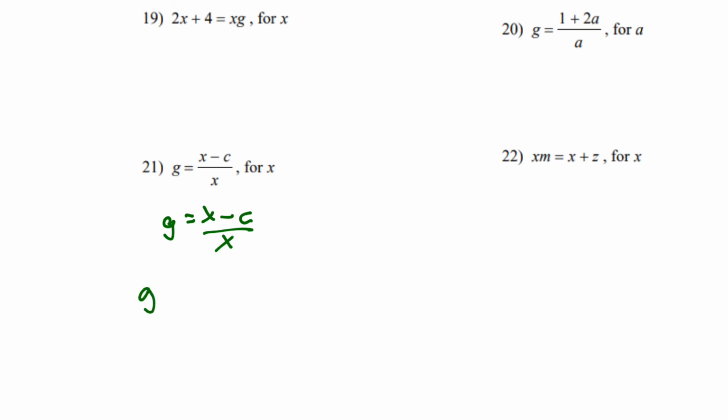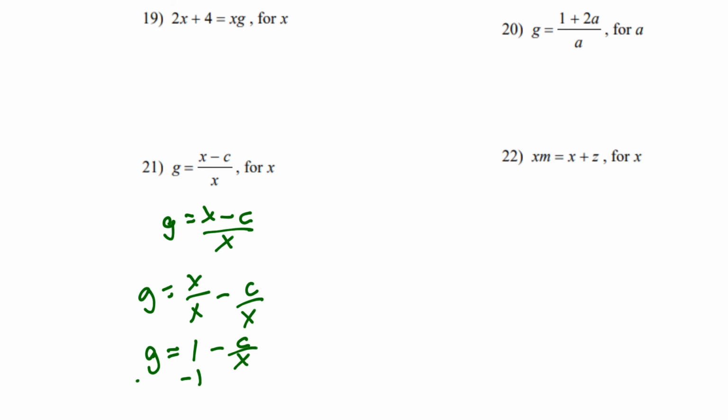So we can say g equals x over x minus c over x. Okay? Now, x over x is just going to be 1, so this is g equals 1 minus c over x. Now this makes this a lot more palatable, a lot easier to get that x by itself.